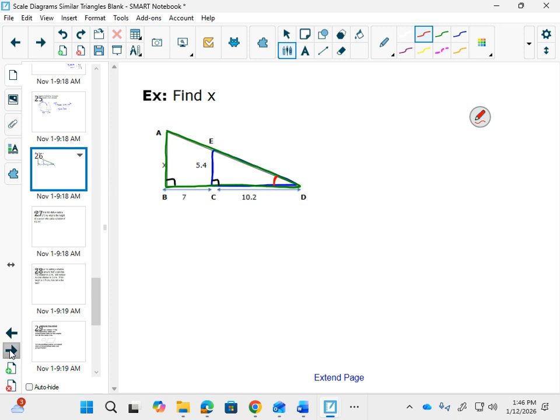And because triangles add up to 180 degrees, then this one has to equal that one. Because if 2 angles are the same, the third one, because it adds up to 180 degrees, has to be the same. So these triangles are similar.